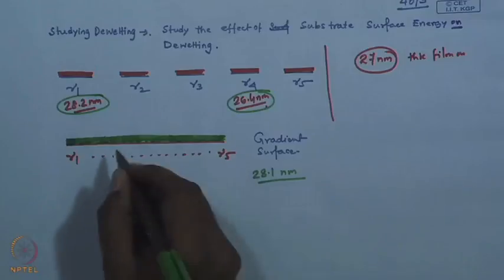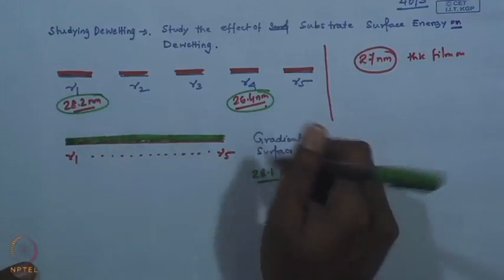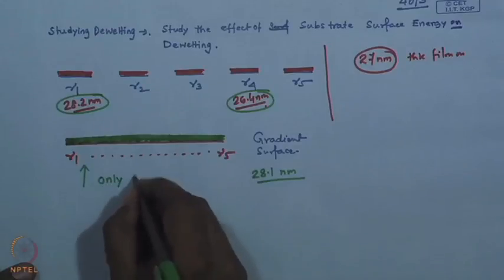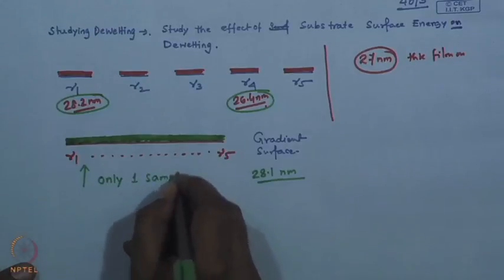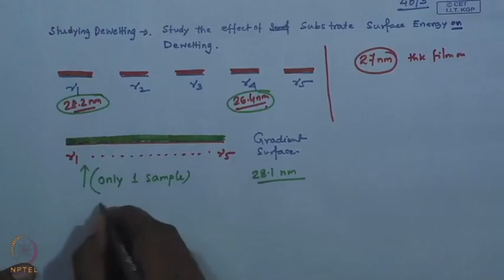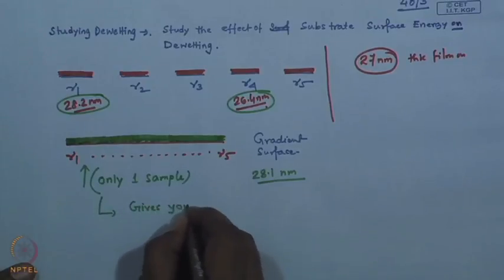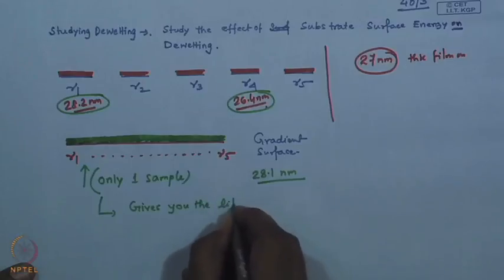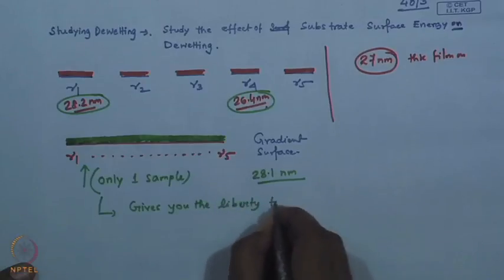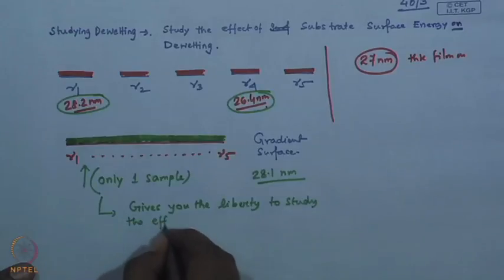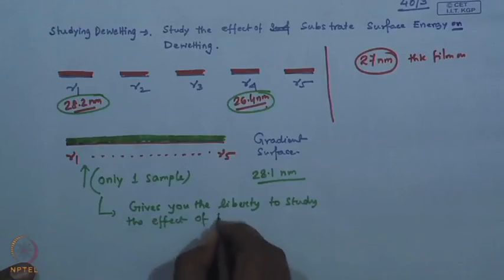The other thing is that instead of using 5 different samples, now you require only one sample. So, this one sample gives you the liberty to study the effect of parametric variation.